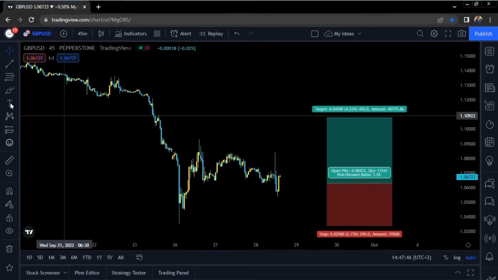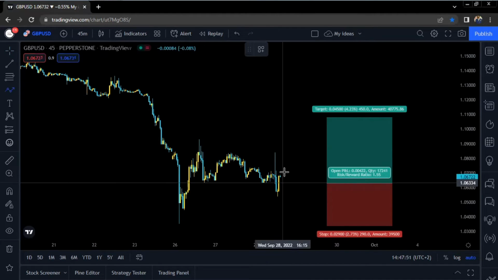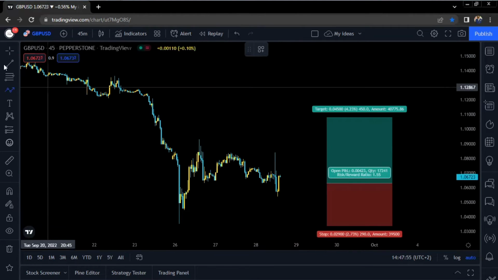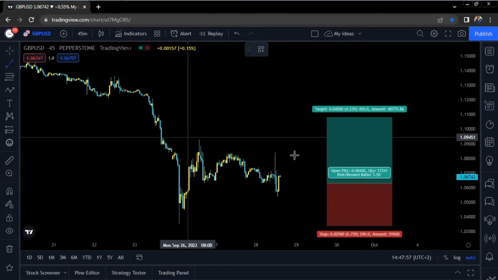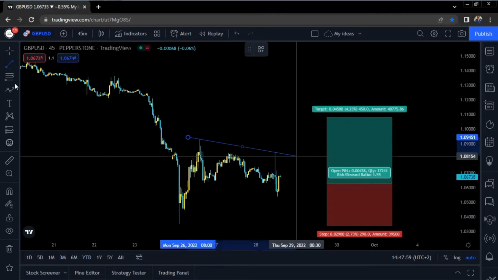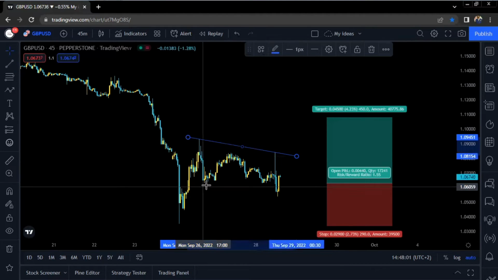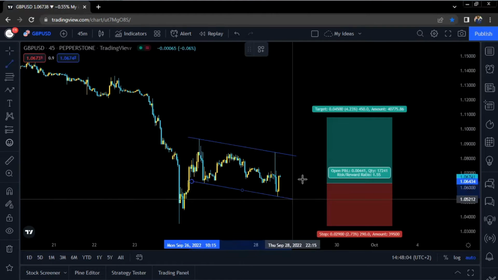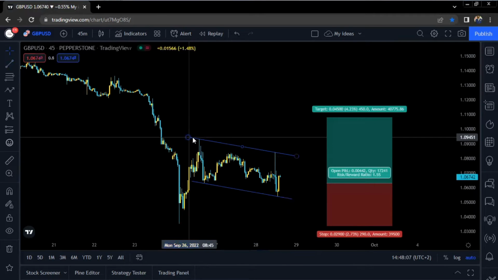What I expect to happen from this moment on is, we've got just a little bit of resistance there, which means nothing. We got that area over there, that area over there. What this is in essence is what we call a retracement or a correction.